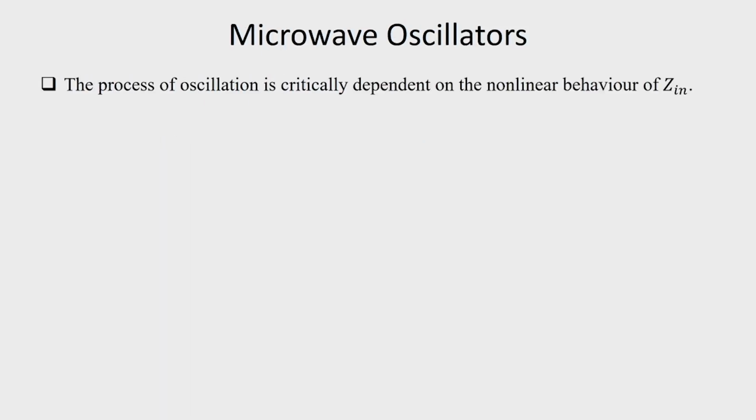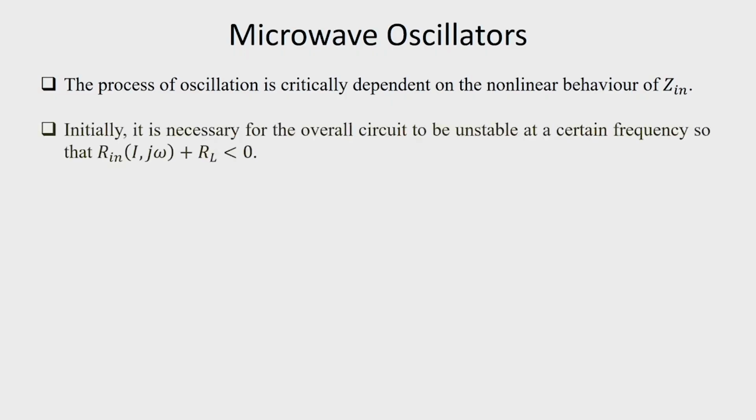The process of oscillation is critically dependent on nonlinear behavior of Zin. Initially, it is necessary for the overall circuit to be unstable at a certain frequency, so that Rin as a function of I and omega plus RL becomes less than 0.